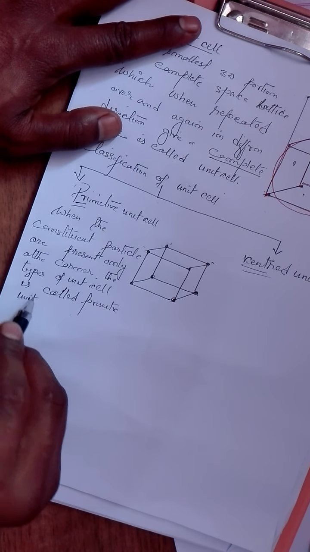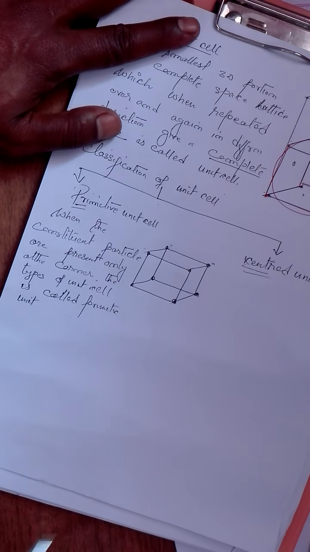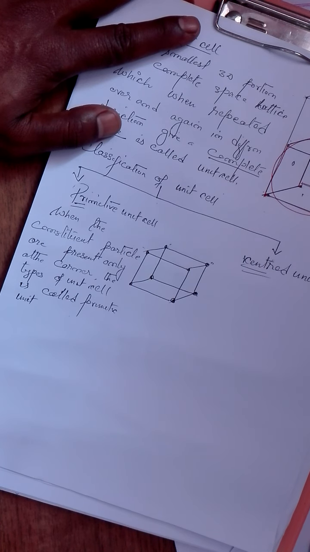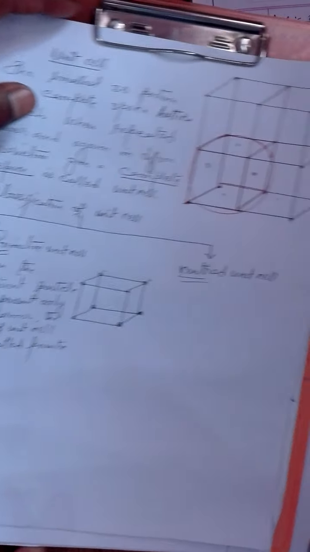If the constituent particles are present only at the corner, like in the figure which I have just shown you, this type of unit cell is called a primitive unit cell.